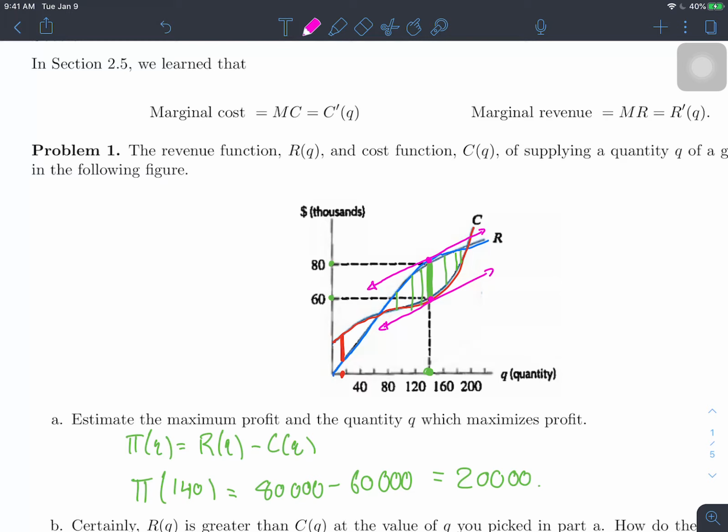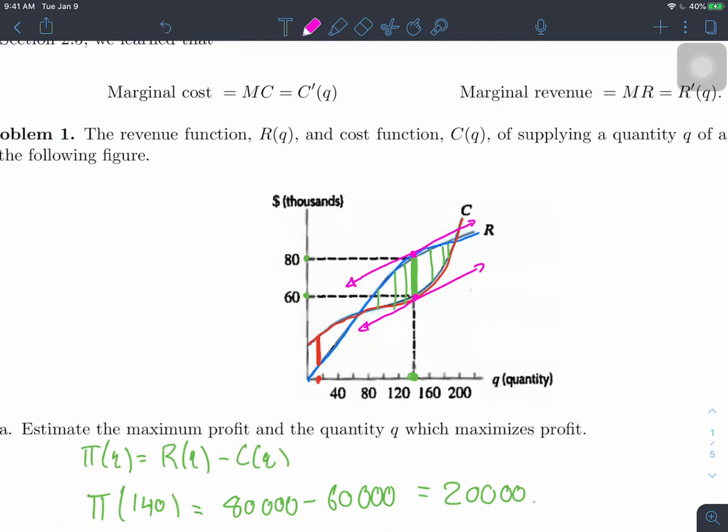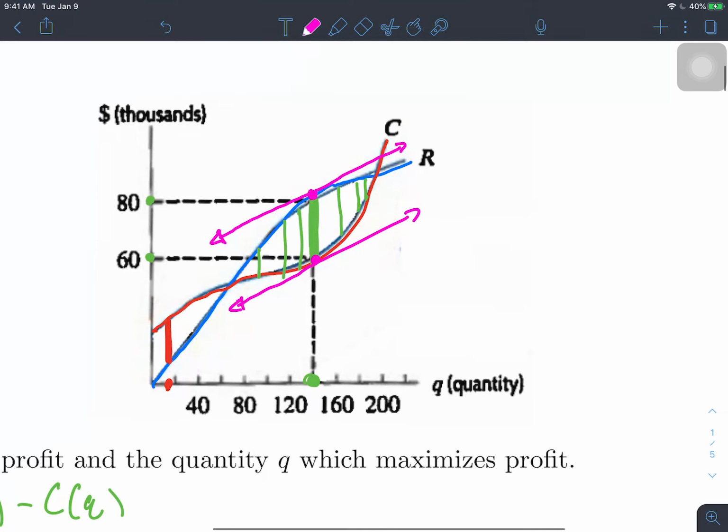Is there anything particularly interesting about these tangent lines? Kevin? They look like they have the same slope. What's the word we use for lines with the same slope? Parallel, right? So these lines are parallel.